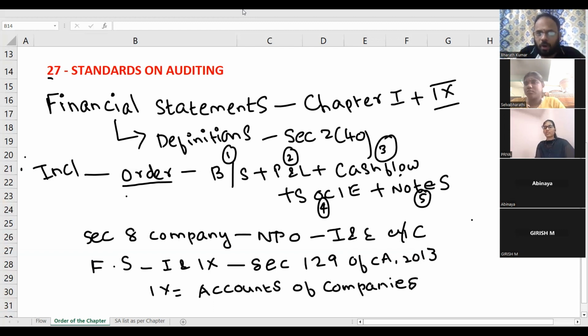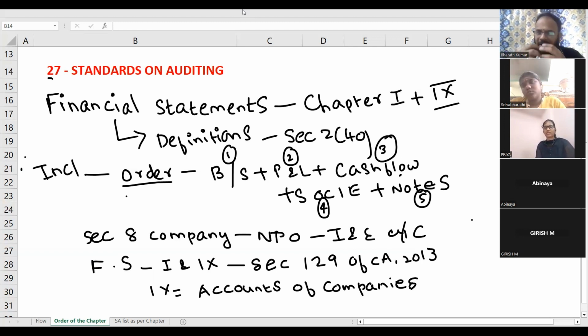But for you to know what is there as an audit, you should know about the financial statement. First, are you clear till this? Chapter number 1 has section 2, subsection 40. Chapter number 9 talks about section 129, financial statements. Based on that financial statement only, the auditor will give a report, an opinion.